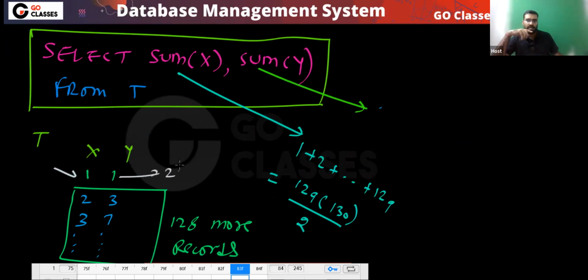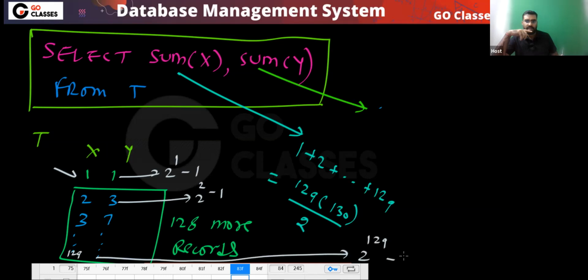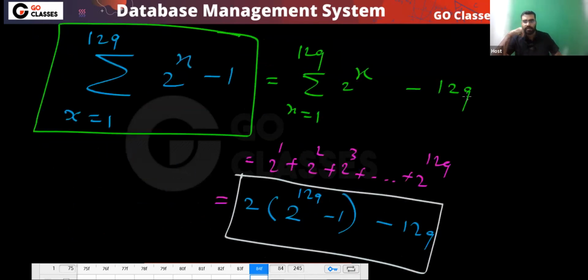This is your 2 power 1 minus 1. This is 2 power 2 minus 1. So finally you will have 129, so that value will be 2 power 129 minus 1. If you do the summation, that will be 2 power 1 plus 2 power 2 up to 2 power 129, minus 129. So this will be your answer.